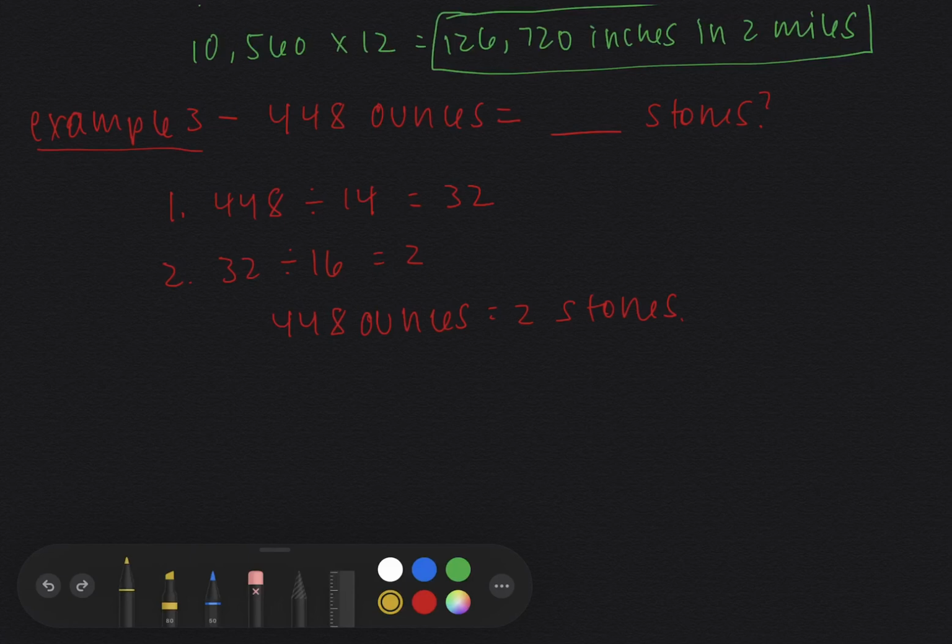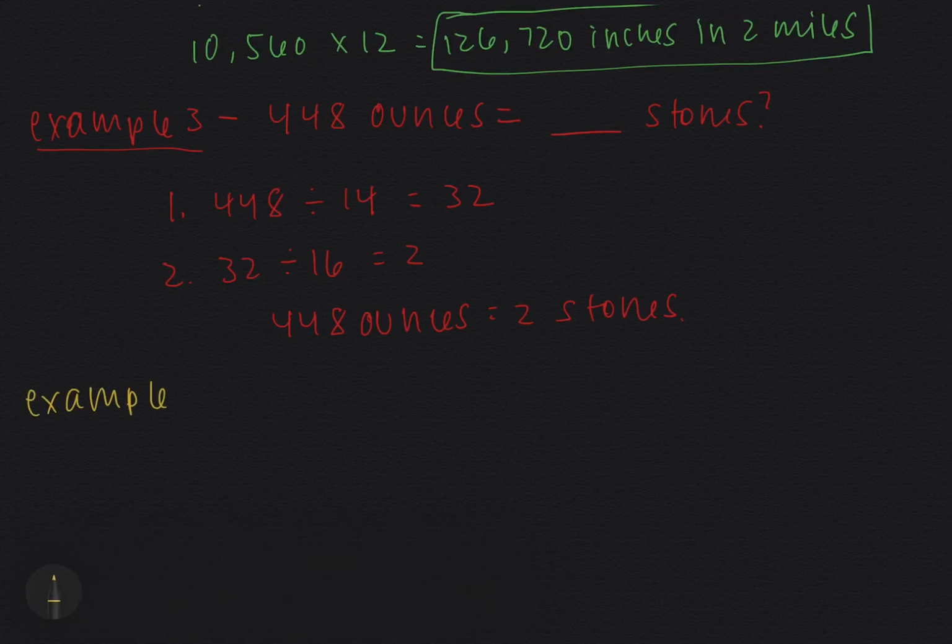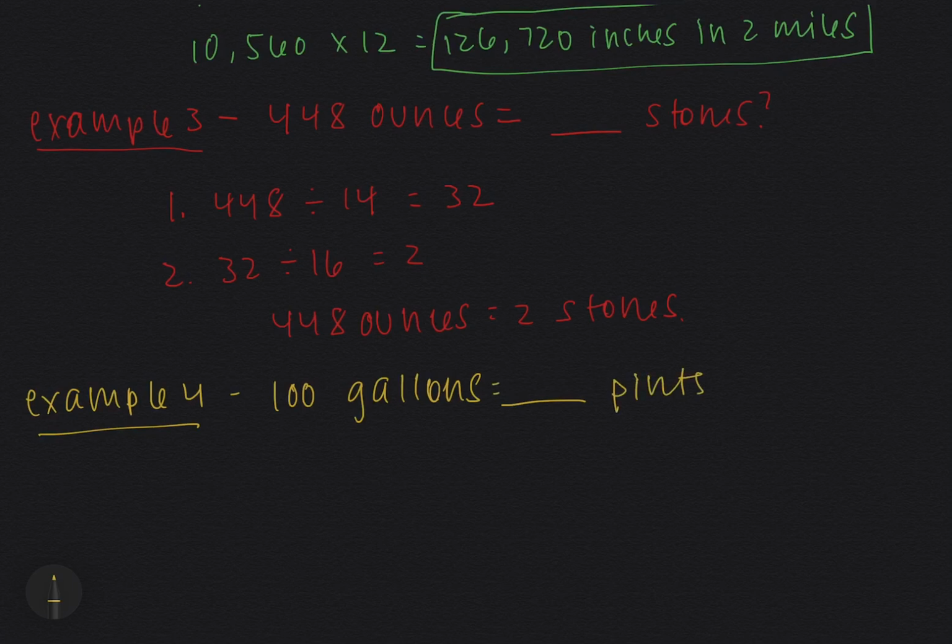Now let's just do example number 4 in yellow. And the last one is 100 gallons equals how many pints?